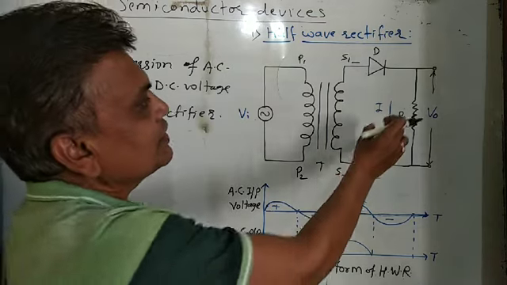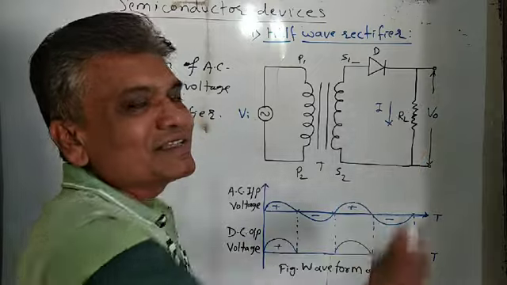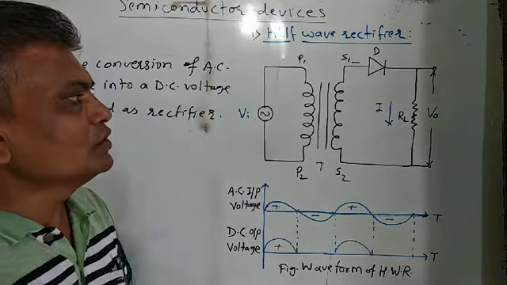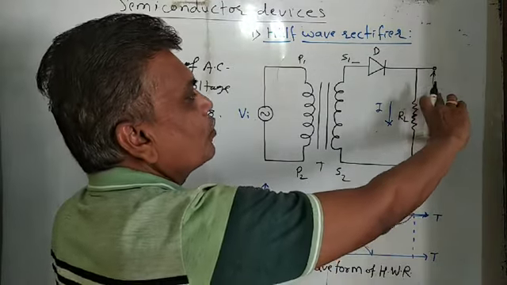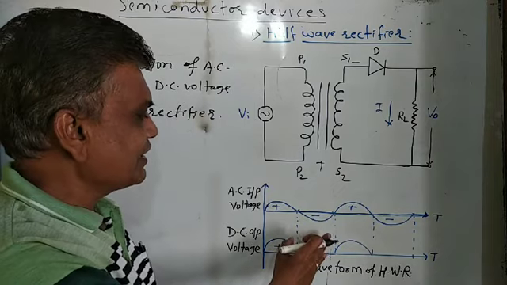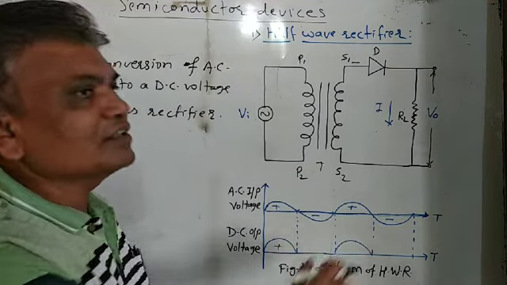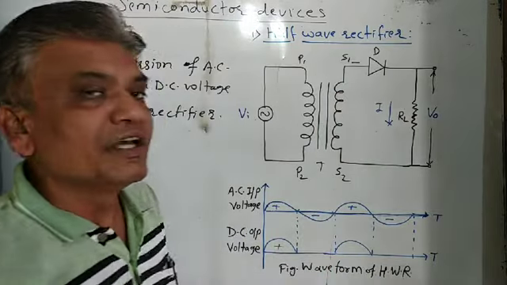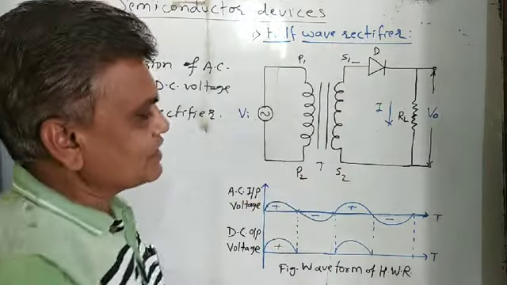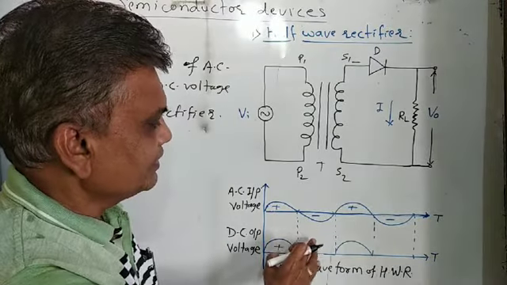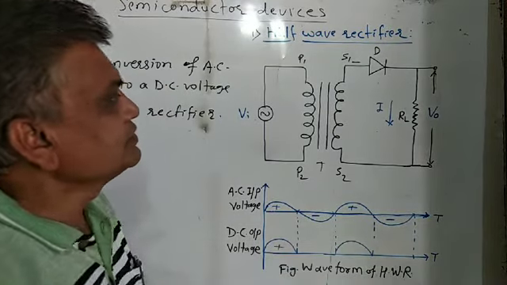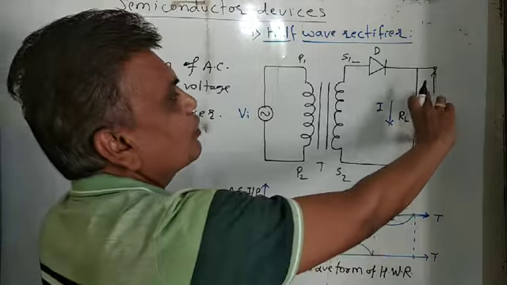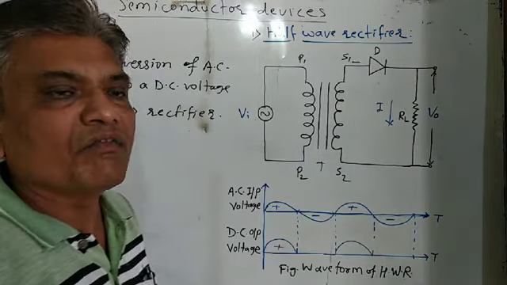That is why there is no flow of current through the load resistance RL, and we don't get output across the load resistance RL. That's why this cycle is not rectified, and the diode is in reverse bias mode.